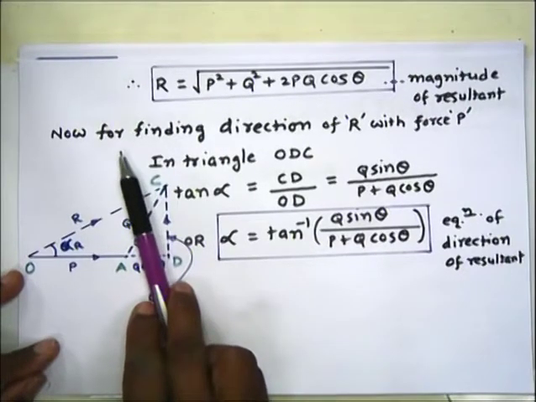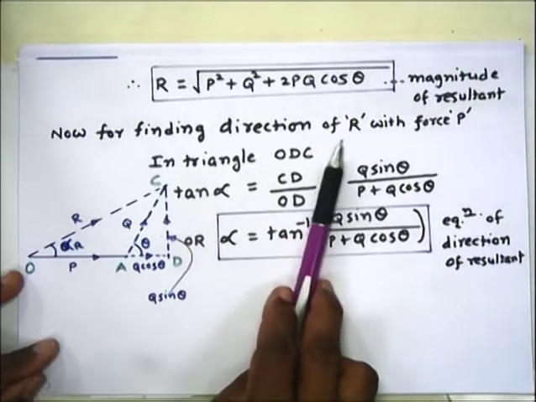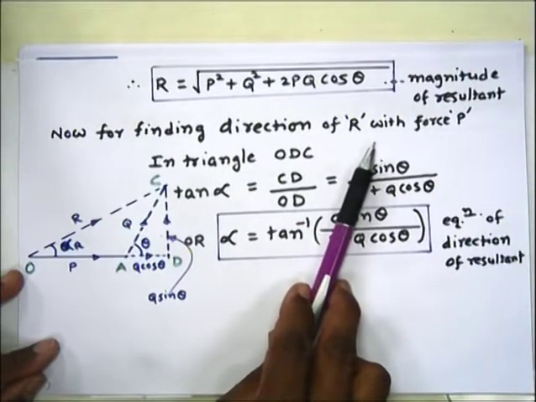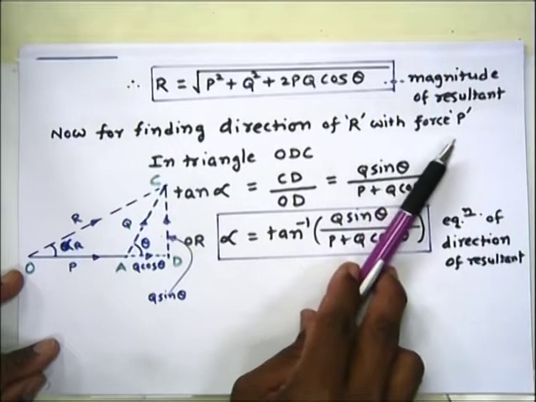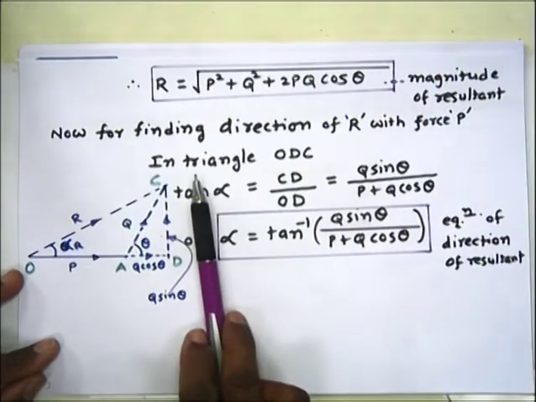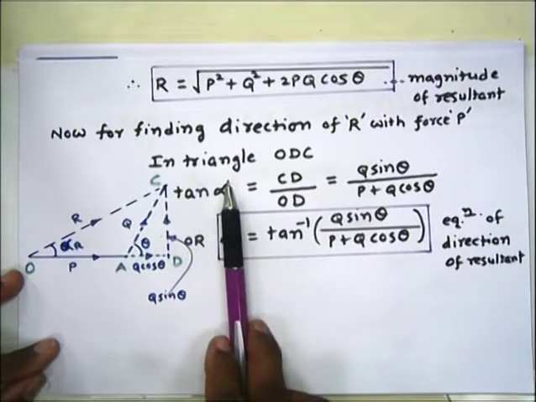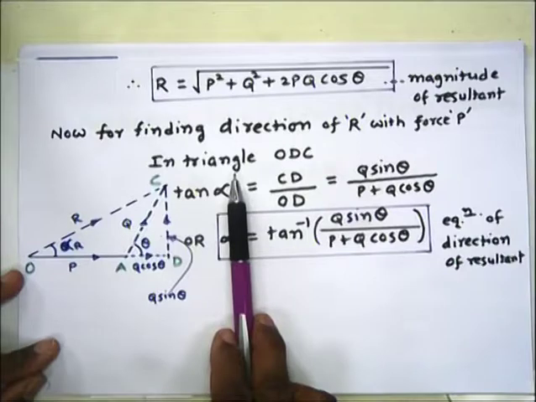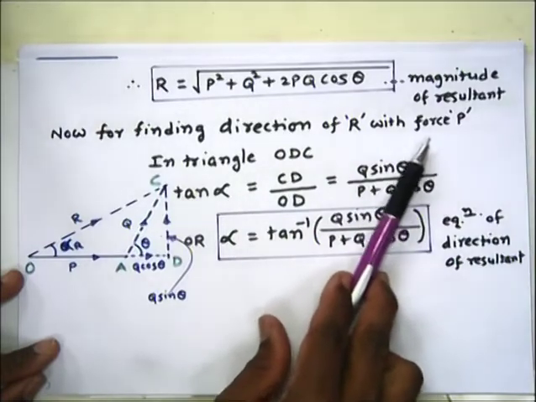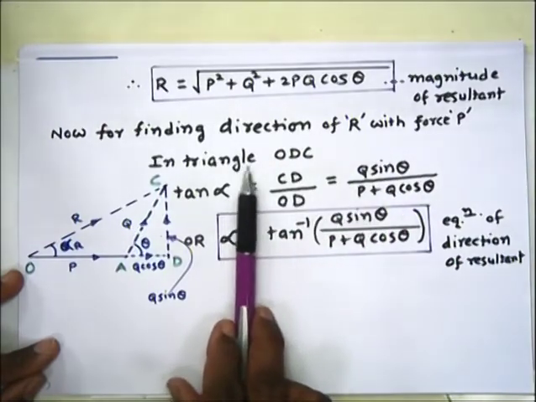So for finding the direction of the resultant force, say we want to find the direction of the resultant force with respect to force P, then the angle or direction of the resultant force is given as alpha, and that of the resultant is alpha R, and with respect to P, we can say it is alpha RP.